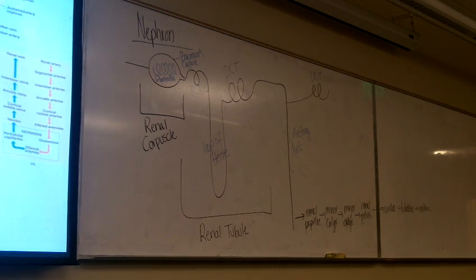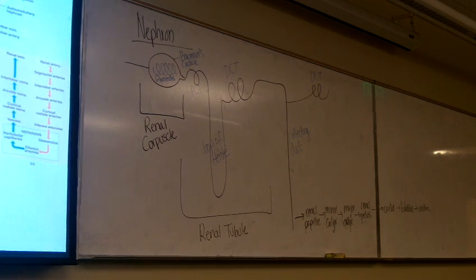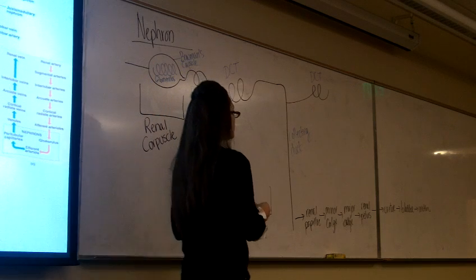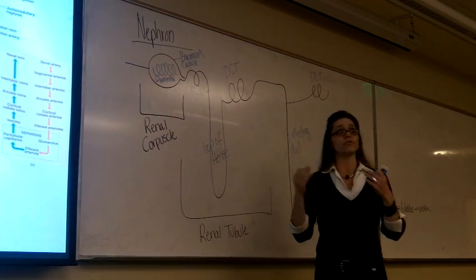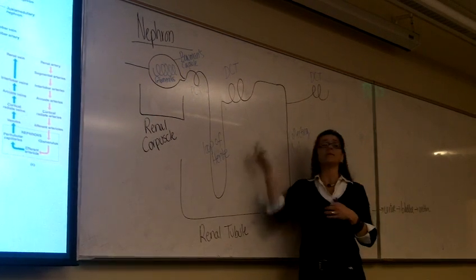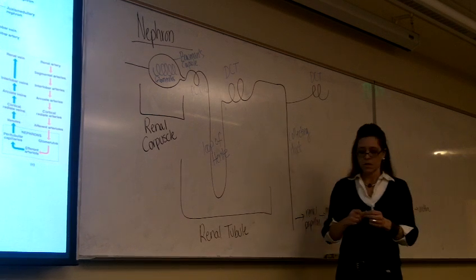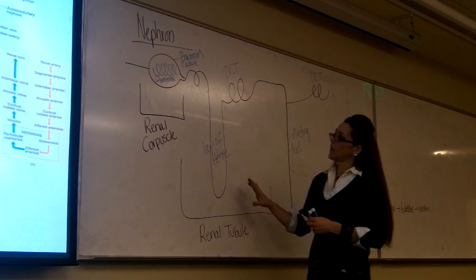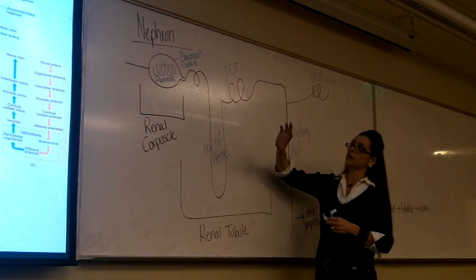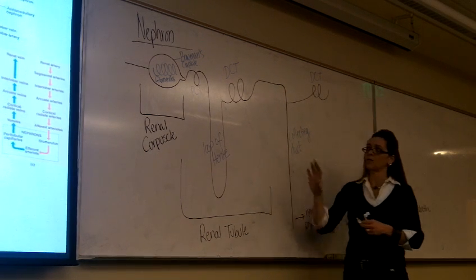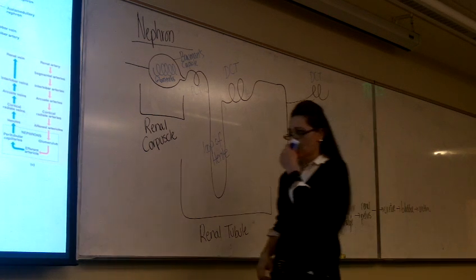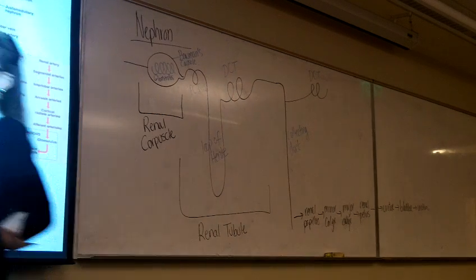So what we want to do now is say, how does blood flow in and out of the kidneys? Because that's what we ultimately have to do, we have to filter the blood to make this filtrate. Okay? So I'm not going to draw the vessels exactly the way they are, because this diagram will get really messy really fast.